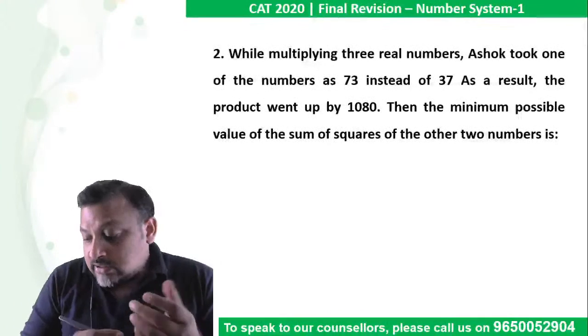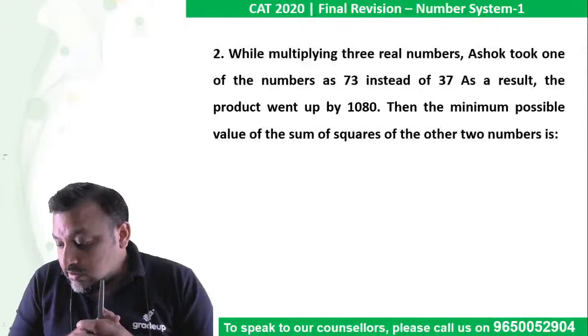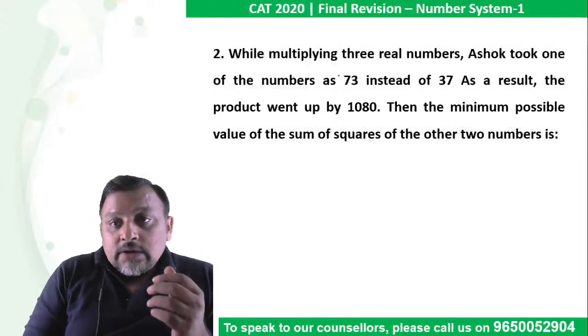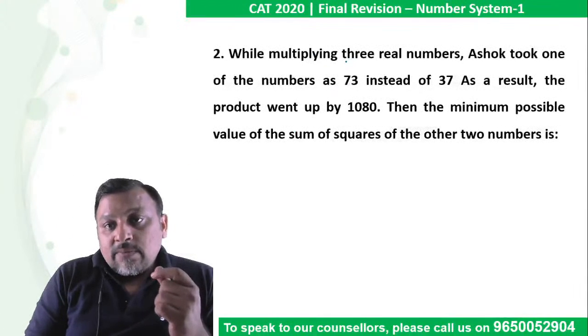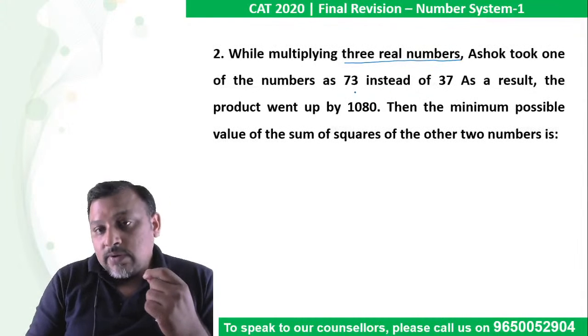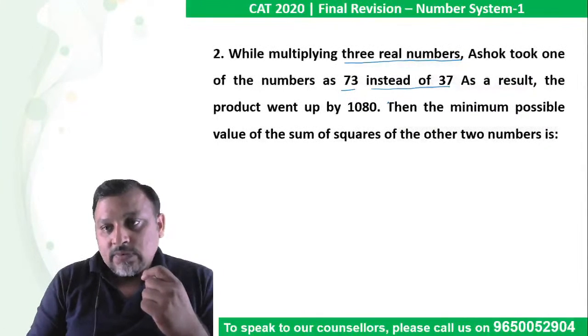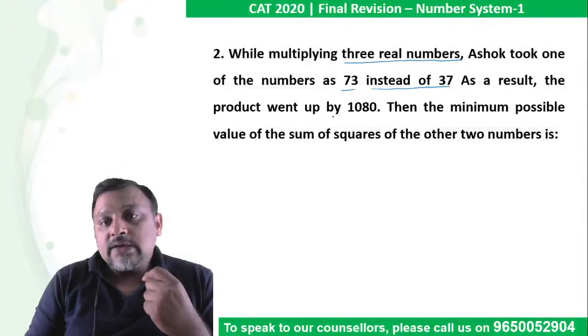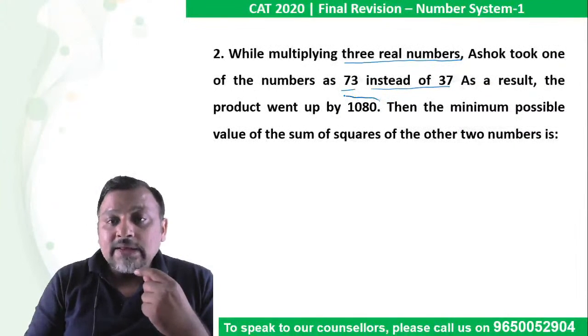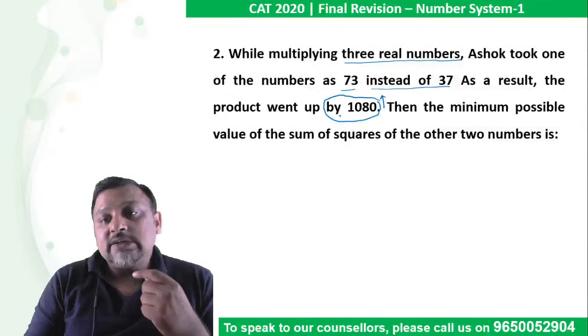Okay, so let's discuss this question. See, it is given we are multiplying three real numbers. One of the numbers by mistake is taken as 73 instead of 37, and because of this mistake the product went up by this much. It increased by 1080.